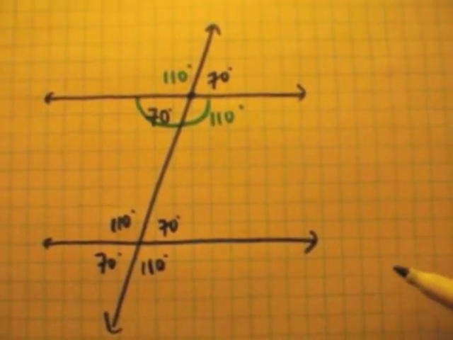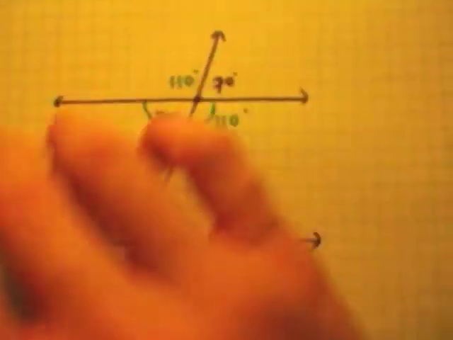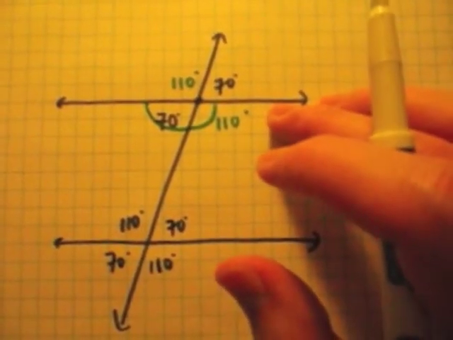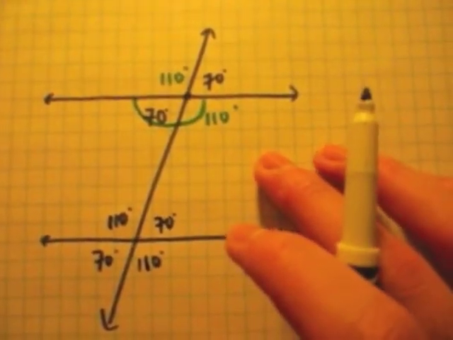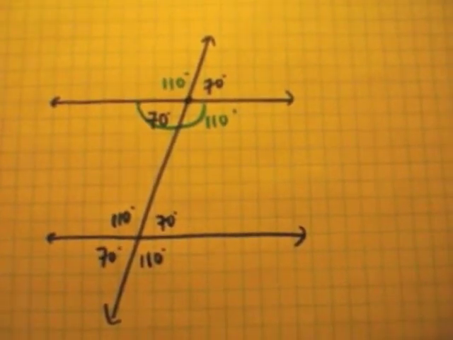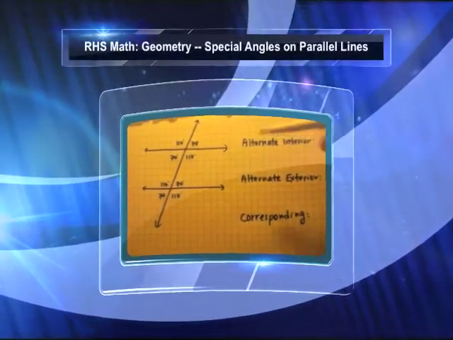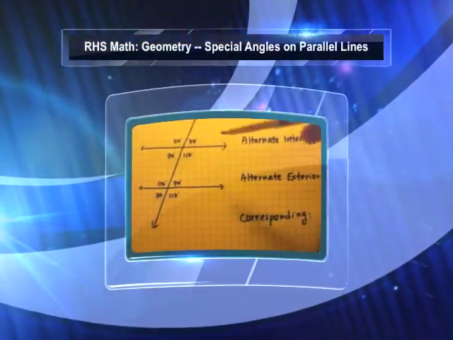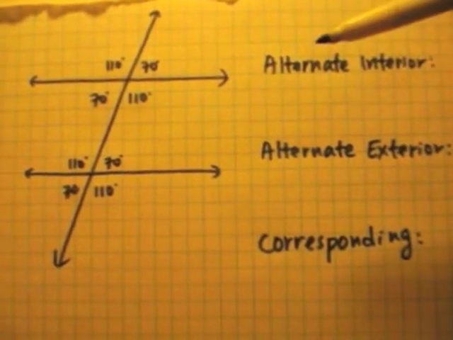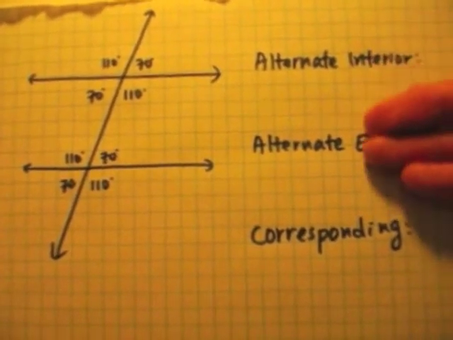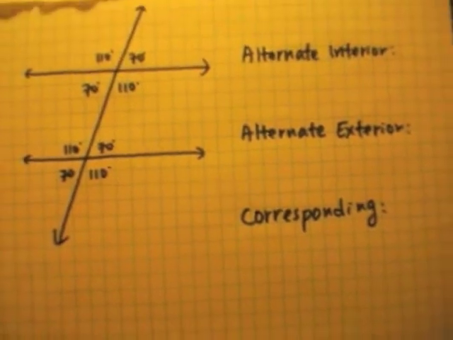Alright? So now notice, assuming that these lines are parallel, notice how many congruent angles we have, right? And this is where all of the angle relationships come from. Alright, so I sort of redrew the diagram here for you, just so that I can explain what these angle relationships are all about.